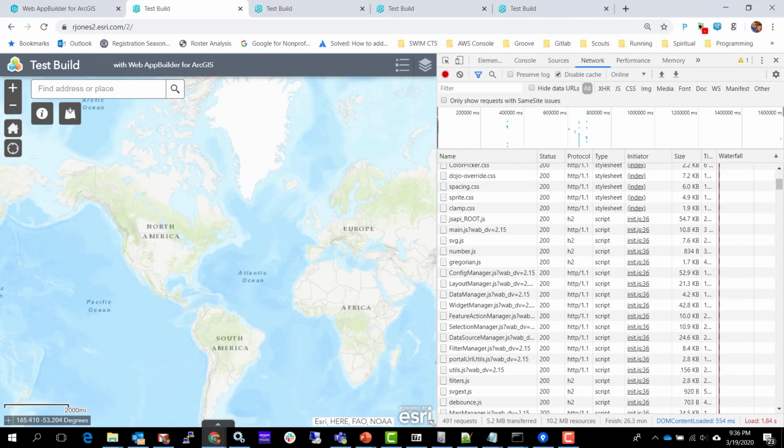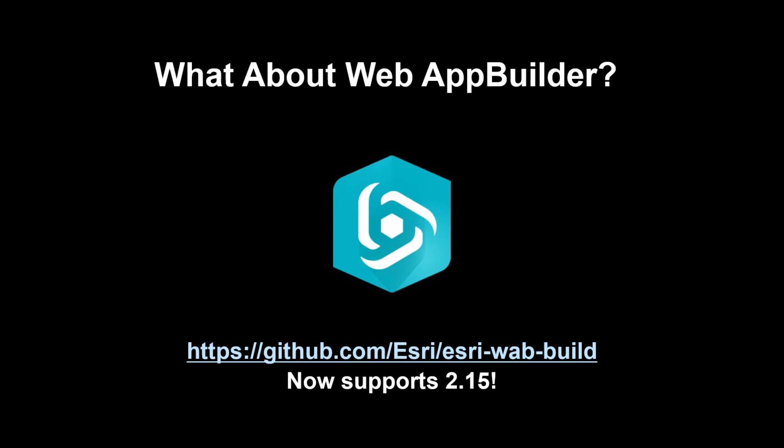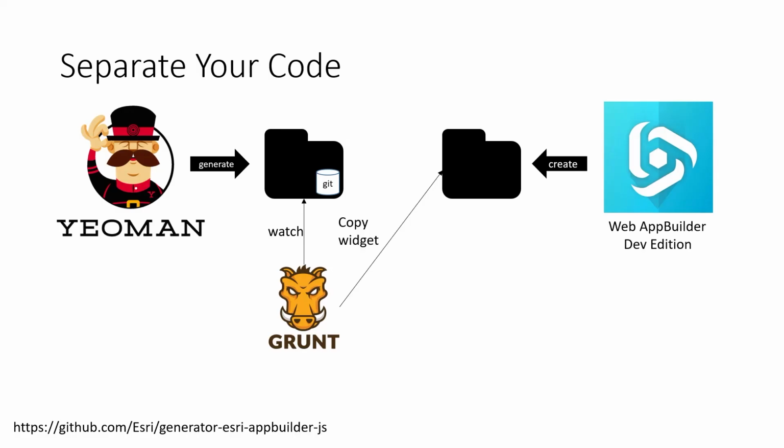So now that I have my Web AppBuilder project from the Developer Edition that I can easily deploy, what about custom widgets that I've developed? Well, we have a suggestion there for you to look at using the Yeoman generator.